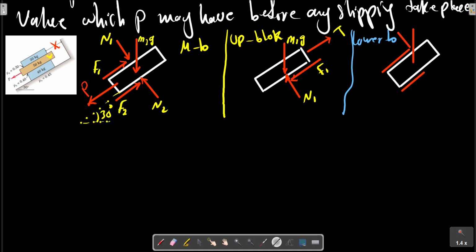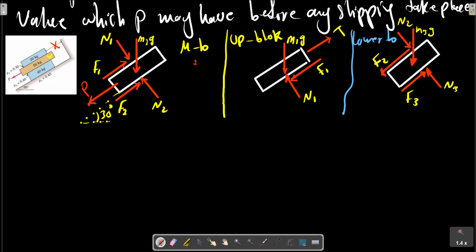We have a contact force here, a contact force here, and there is no other force in the lower block free body diagram. The directions of forces are opposite to the assumption here: N2, N3, M3G, F2, and F3.